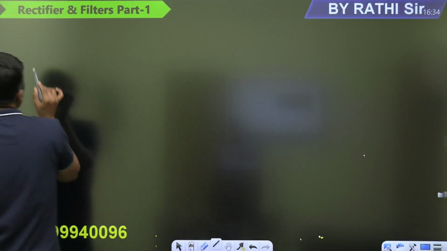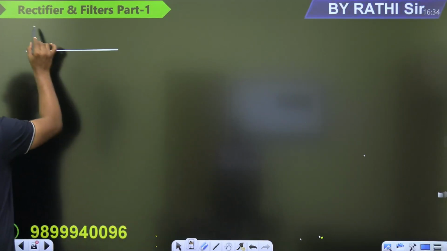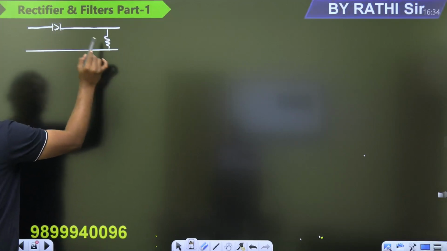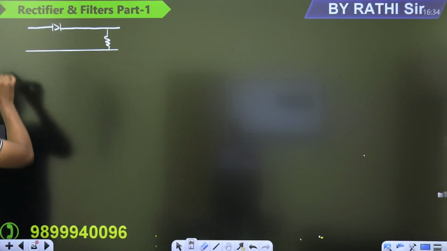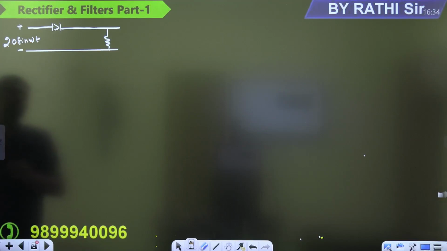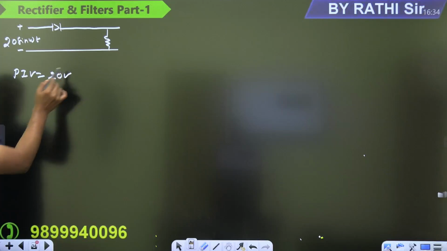For example, there is a single diode. When we are giving 20 sin omega t, what is the PIV? 20 volt, a high value.